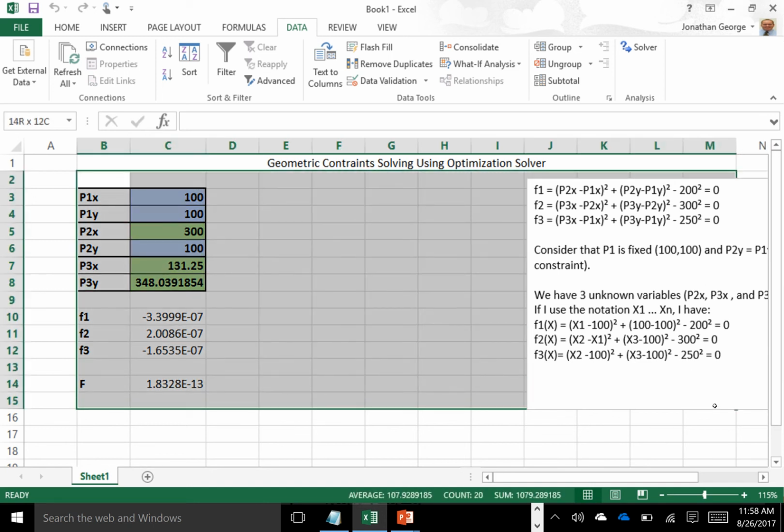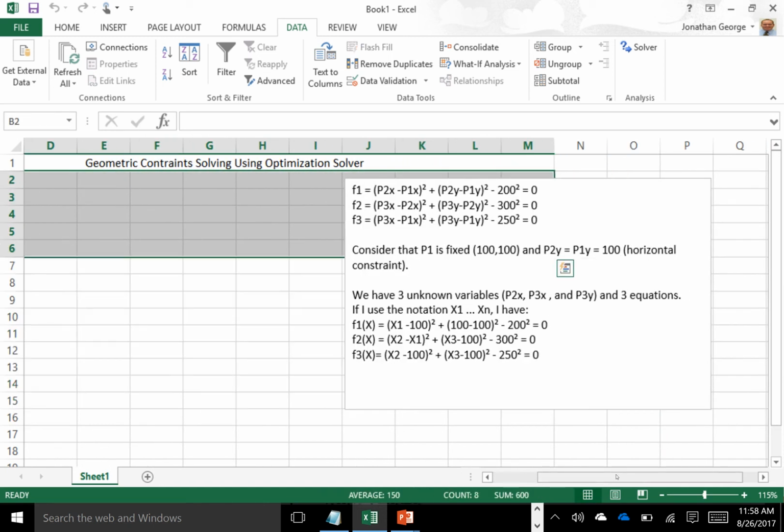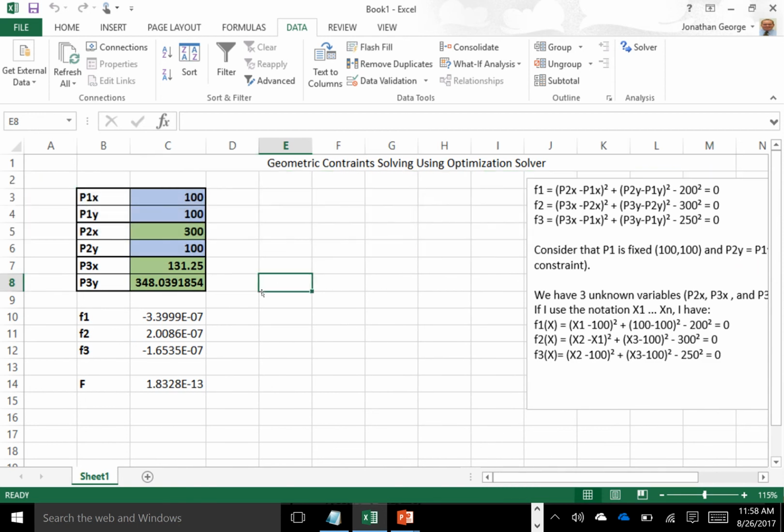So this has used the GRG optimization routine to solve this really system of nonlinear constraints to find the correct coordinates for this geometric constraint problem. I've previously used the BFGS method in SketchSolve, and that works just fine. It's not as good of an algorithm as the GRG method is.